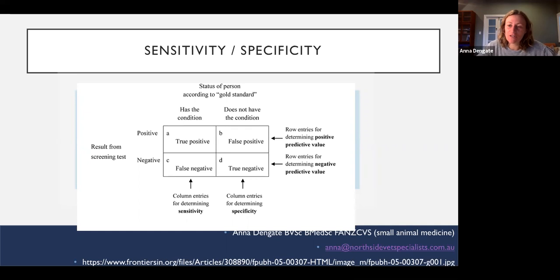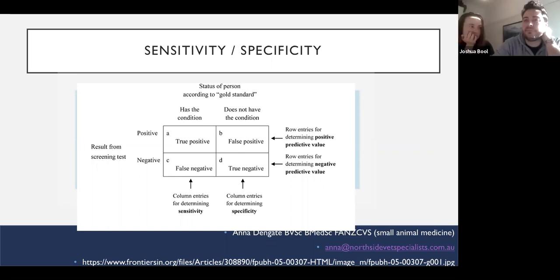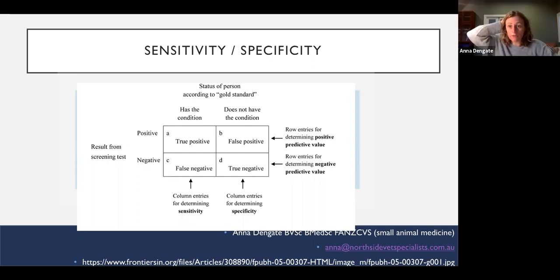So what test could you do to determine whether a cat's been exposed to coronavirus and help you rule out FIP? There's the reverse transcriptase PCR, RT-PCR.